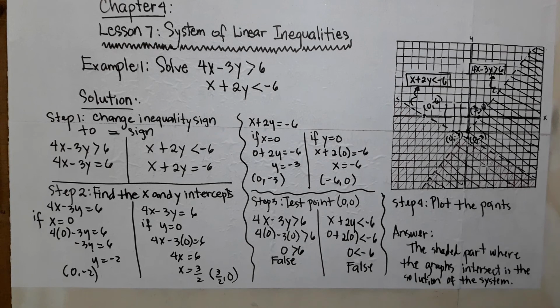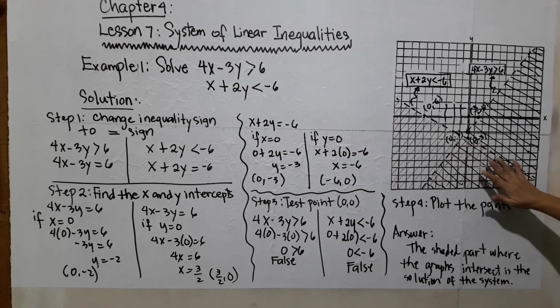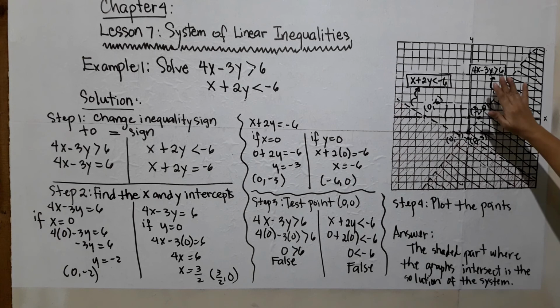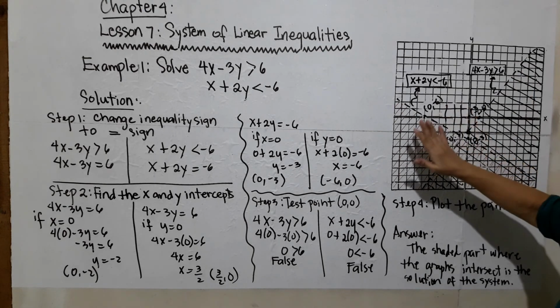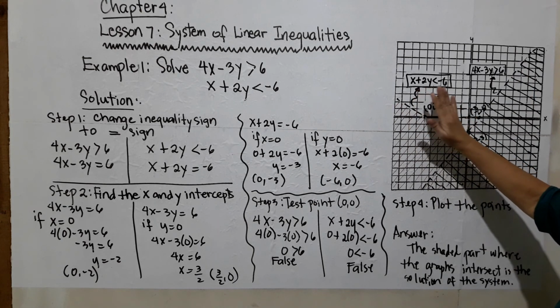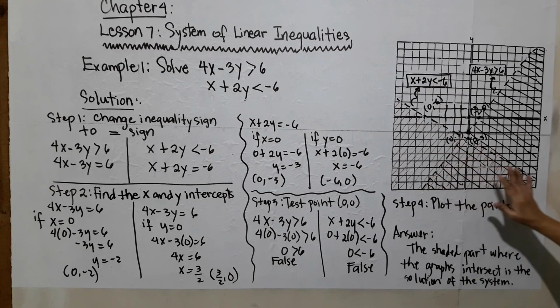Okay. So this is how to solve. All the points that belong here, wherein the shaded part for the first inequality 4x minus 3y is greater than 6, and the red lines for x plus 2y is less than negative 6, are the solutions.